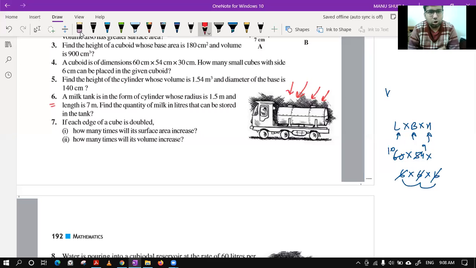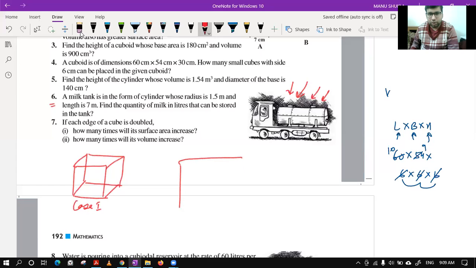If each edge of a cube is doubled, so this is a case of comparison. There is a cube which is given to you earlier like this. This is the first case or case 1. This is your case 1, and then you have case 2.